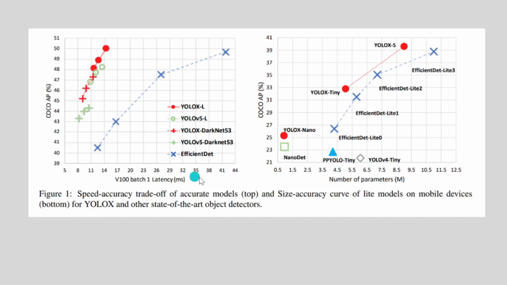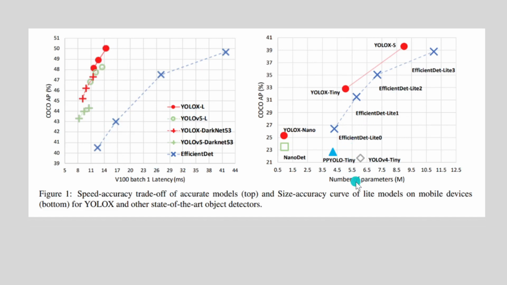On the x-axis, we have the latency, and here we have the average precision for the COCO dataset. Ideally, we want our model to be on the top left part of the graph because it has low latency and high average precision. And we can see that the YOLOX model outperforms all of the models that were released at the same time because it has higher performance and low latency.